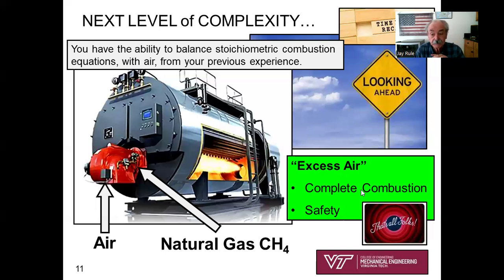That could be a level of danger. And also it's a waste of money. We're buying all the fuel. We'd better burn all of it to get as much energy out, heat release, as possible. And so it's a matter of economics as well as safety.